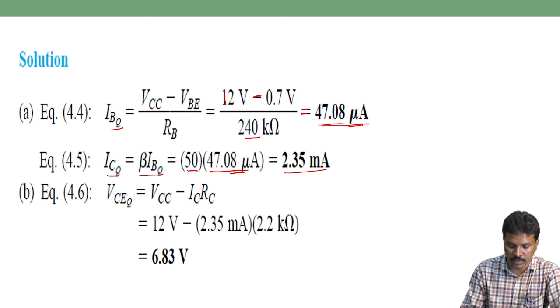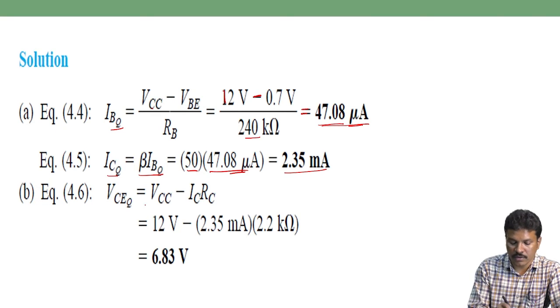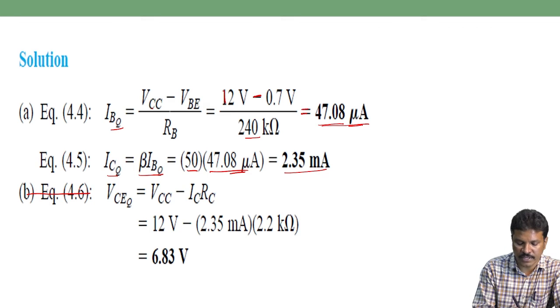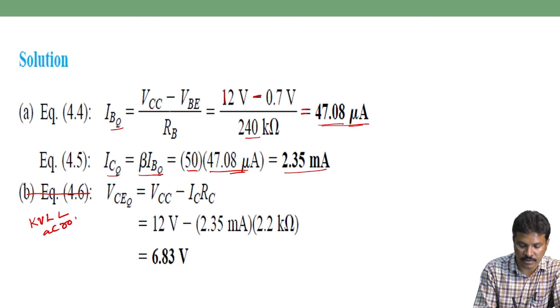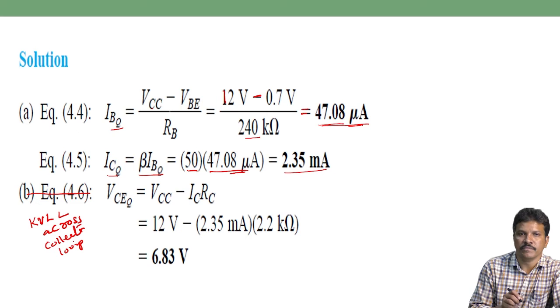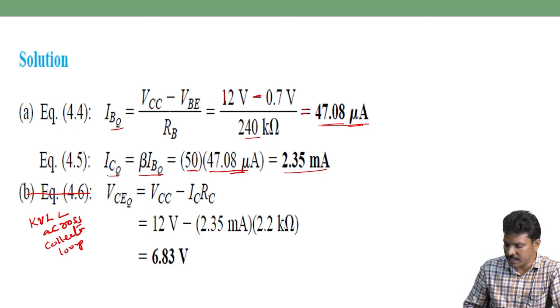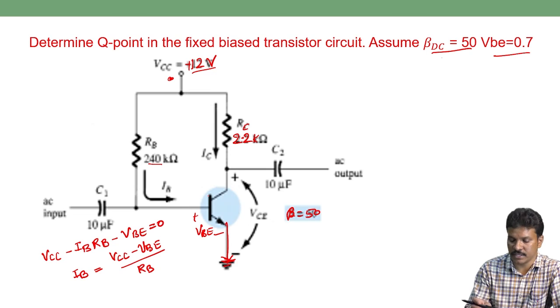VCQ is measured from Kirchhoff voltage law across the collector loop. So VCQ is equal to VCC minus ICRC.